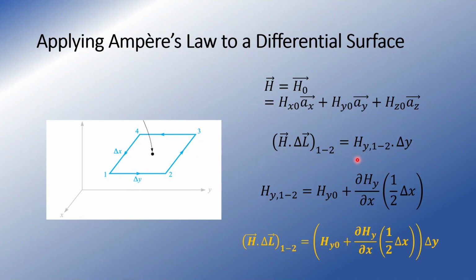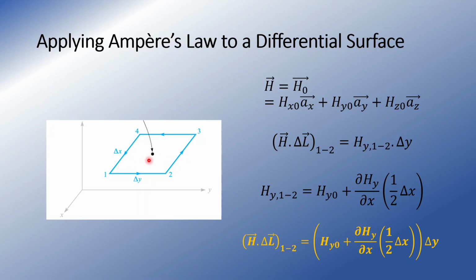Now the question is, how do I identify that particular magnetic field? Because we don't know the magnetic field throughout, we know the magnetic field only at the center, which is H naught. The x component of this H naught will be Hx naught, and the others Hy naught and Hz naught.